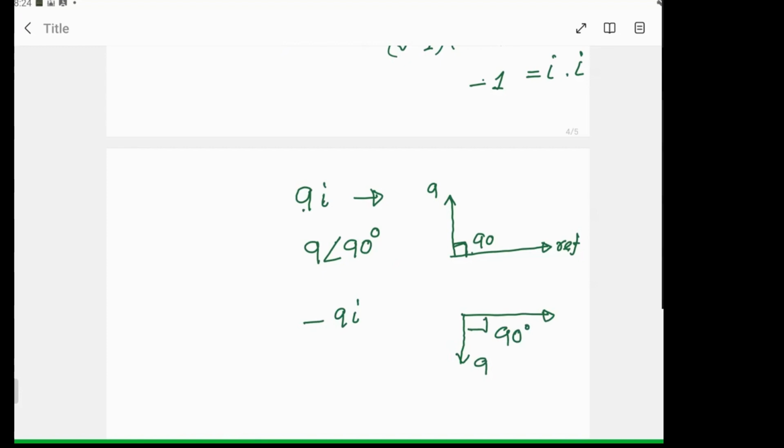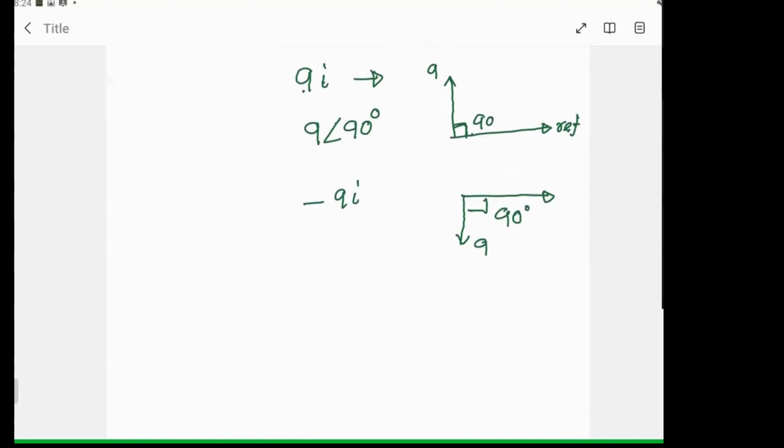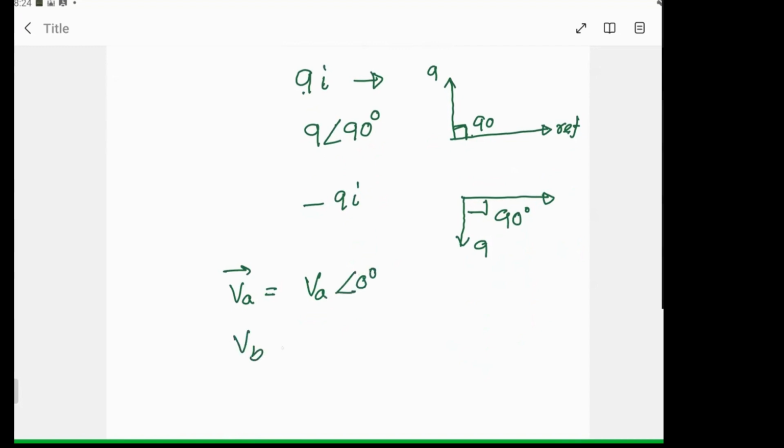Now, similarly, similar concept we are using here. So we have a quantity VA is equal to VA angle of 0 degree, and VB is the VB angle of minus 120 degree. And for balanced system, VA is equal to VB in magnitude, the angle is different.